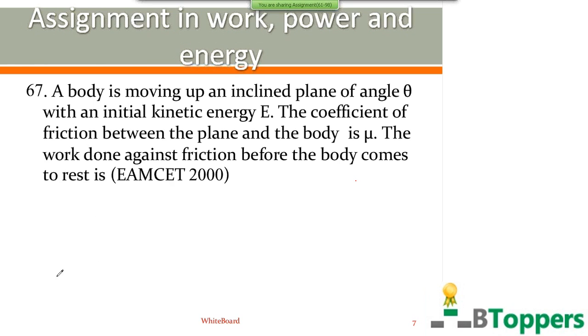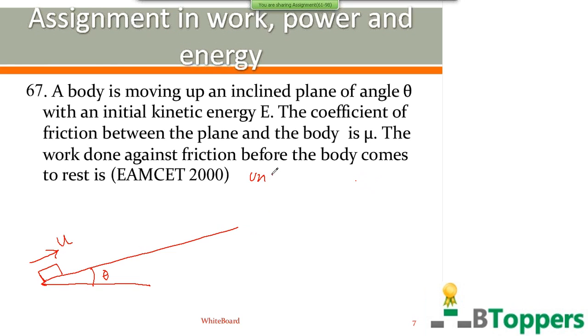Here you can solve the problem by the dynamics method. As I discussed in the past, in the friction chapter, Newton's laws of friction: the block is projected up along a fixed inclined plane with initial speed u.